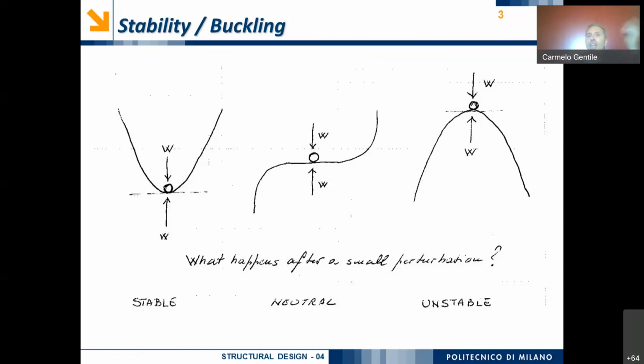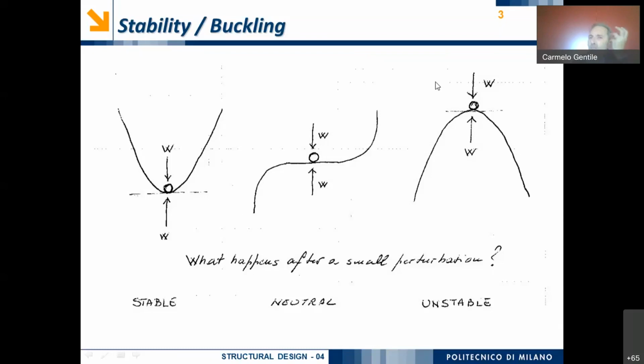Of course, if we look just at the equilibrium equations, all the three cases are very similar, because the reaction of the guide is vertical and opposite to the weight of the ball, in the first case, in the second case, and in the third case.